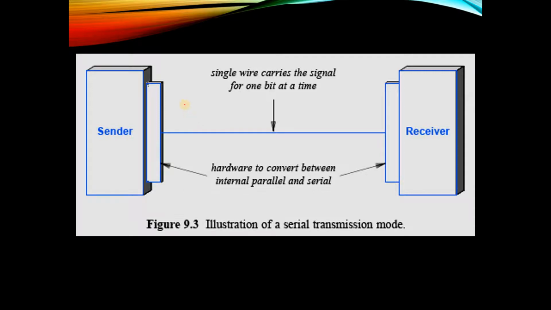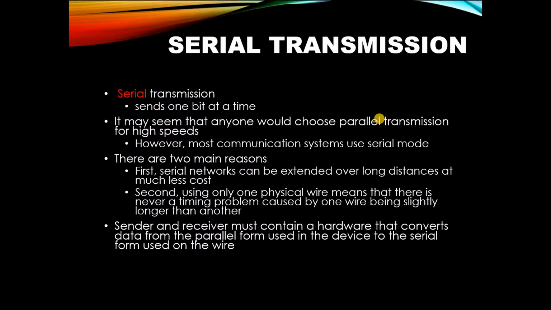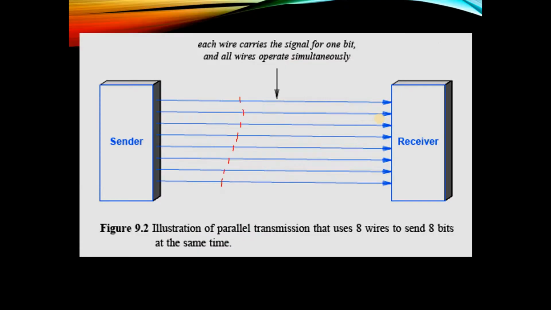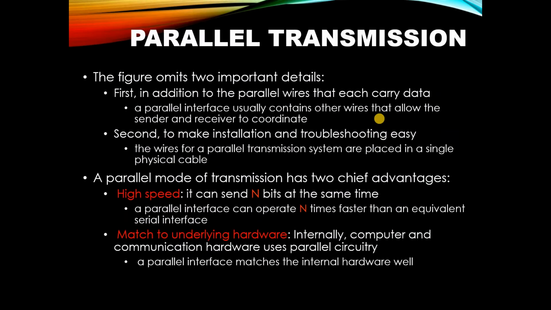So if I want to transfer 4 bits, the first bit will transfer. Once the sender transfers and the receiver receives, the next bit will transfer. Once that is transferred, the next bit will transfer. So 1 by 1 it will transfer. From this you understand which one will consume more time, parallel or serial. Yes, obviously serial transmission will consume more time, right?